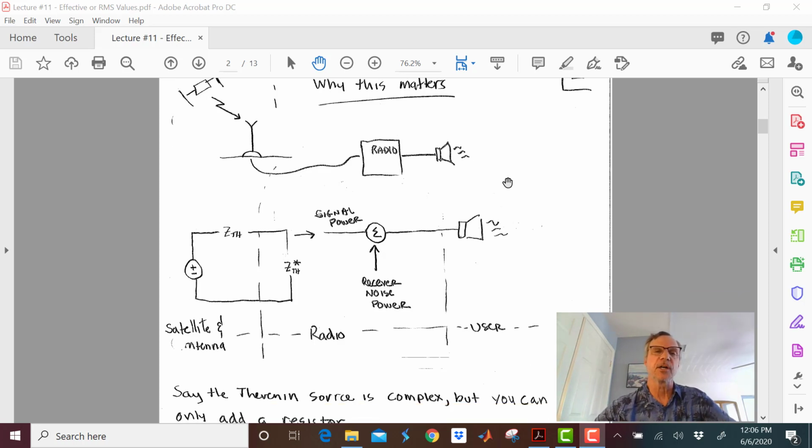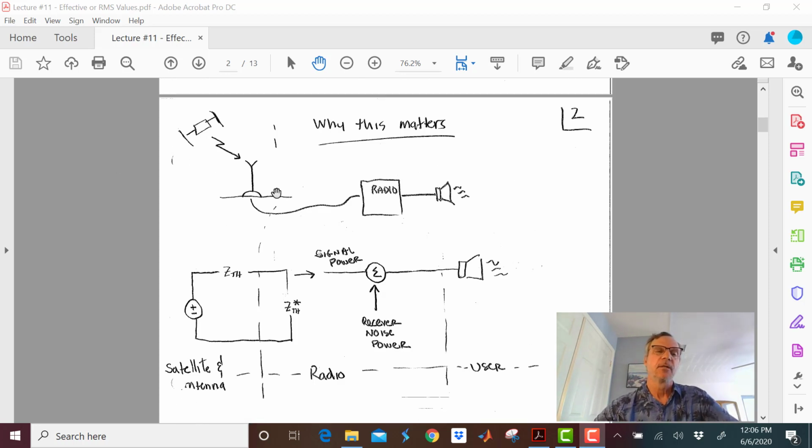We're engineers. Let's draw a simplifying picture. So I've got my satellite and I've got my antenna. Antennas are complicated. If you're really smart and you're really good with Maxwell's equations and multidimensional calculus, go design antennas if it looks like something fun, because not very many people can do it. And I'm one of those who can't do it.